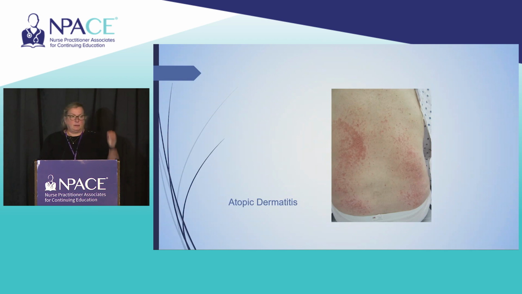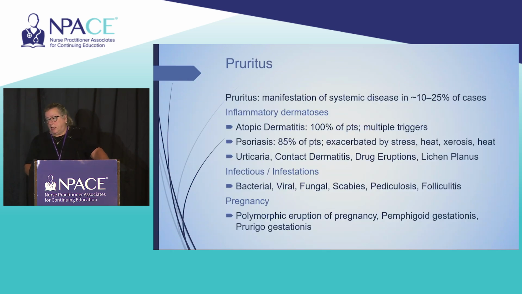Atopic dermatitis, by definition, is pruritic. If the patient is not itchy, they do not have atopic derm. So 100% of those patients and 85% of patients with psoriasis will be itchy. But look at all the other things. There's urticaria, contact dermatitis, drug eruptions we talked about, lichen planus we talked about, right?